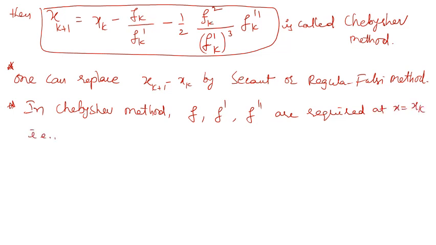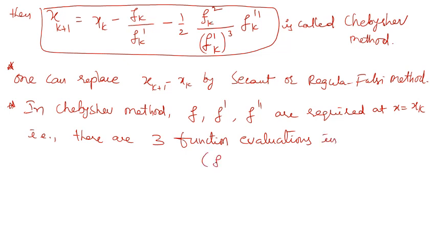That is, there are three function evaluations in this method. Three function evaluations means f, f dash and f double dash are required in this method. This is about the Chebyshev method.